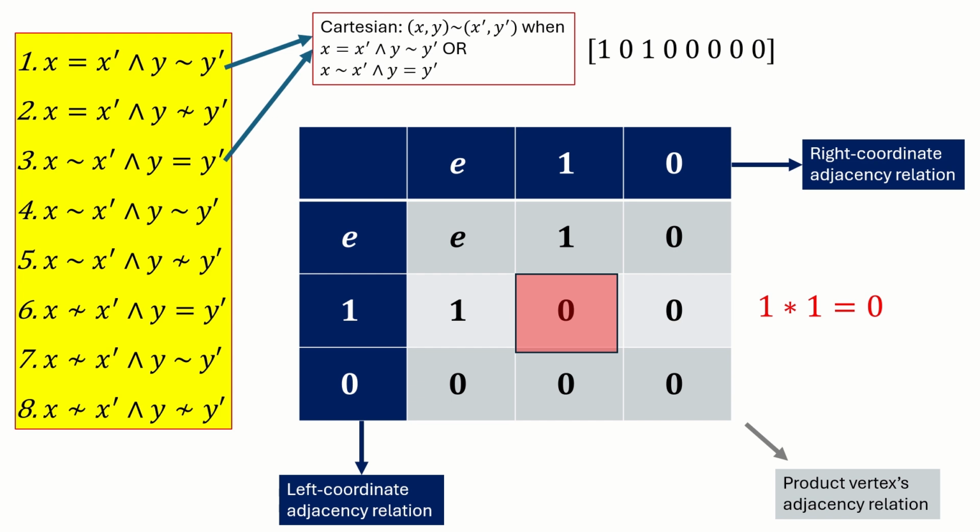And when we say adjacent times adjacent equals non-adjacent, we mean the satisfied condition that left and right coordinates are both adjacent implies the satisfaction of the condition that the product vertices are non-adjacent.